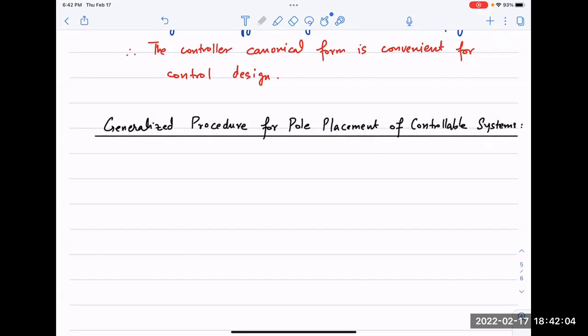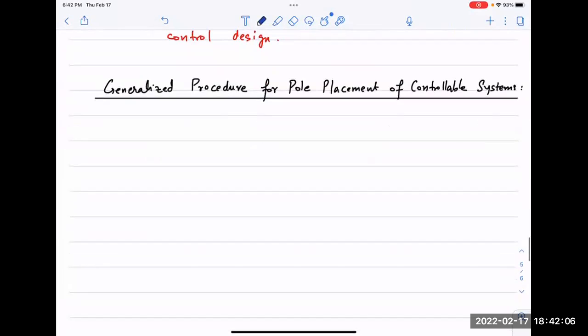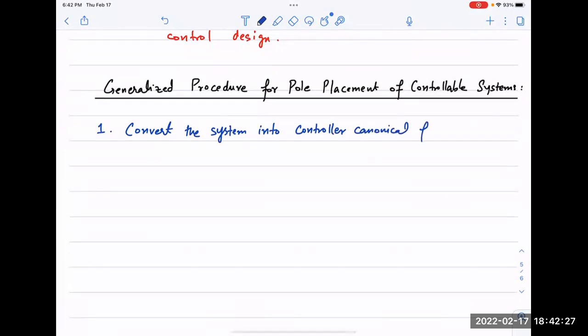So the first step: if you're given any system, first convert the system into controllable or controller canonical form, using maybe a similarity transformation.